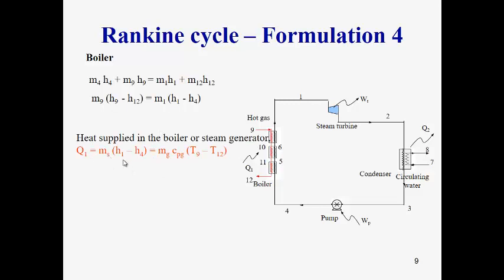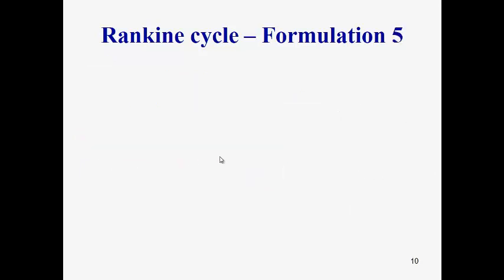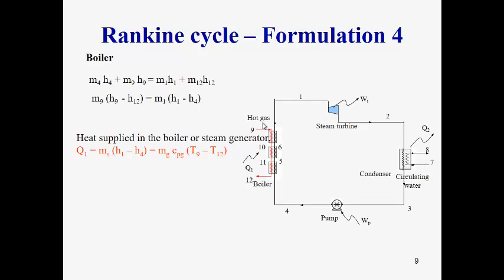Q1 is equal to ms into h1 minus h4, that is equal to mg cpg into T9 minus T12. The mass of the gas is given with the particulars of temperatures of the hot fluid. It is possible to determine the amount of steam that can be generated in the boiler from this energy balance equation.